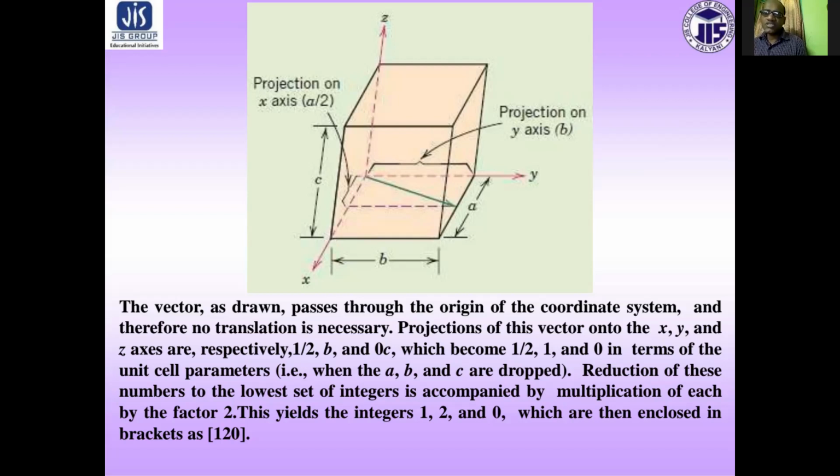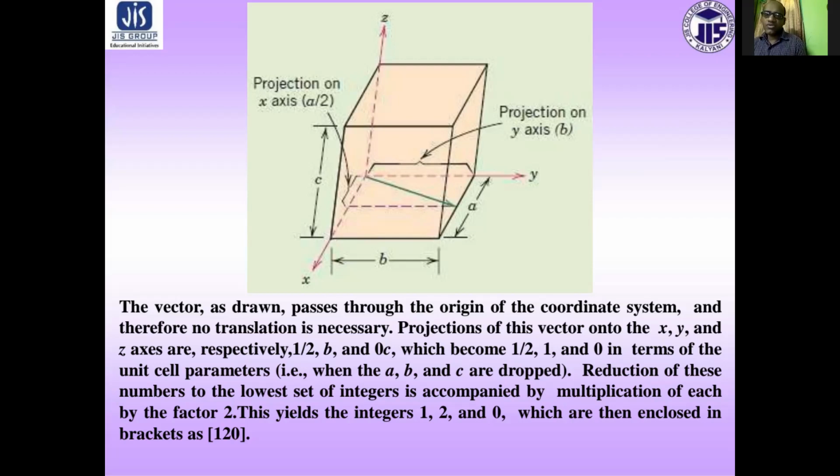The projections of this vector onto the x, y, and z axes are respectively a by 2, b, and 0c. So the fractional intercepts become 1 by 2, 1, and 0 in terms of unit cell parameters, that is when a, b, and c are dropped, because in this cubical system a equals b equals c.